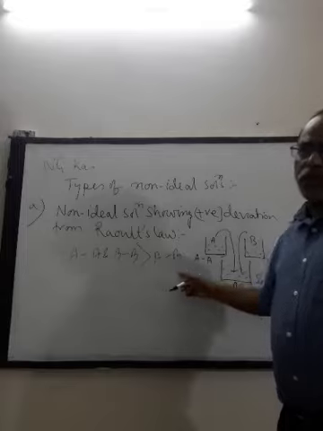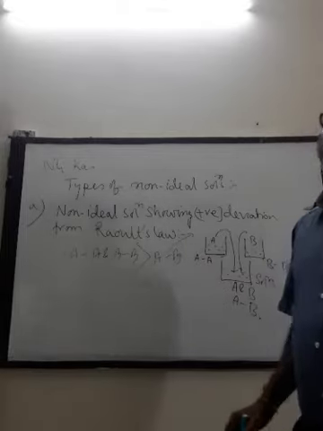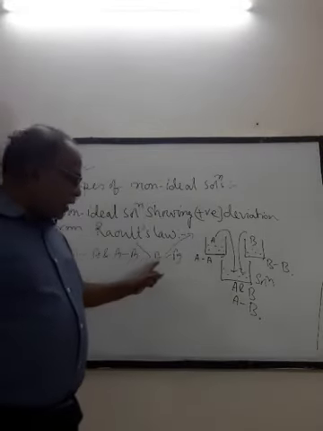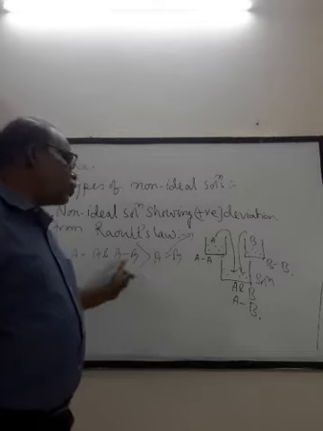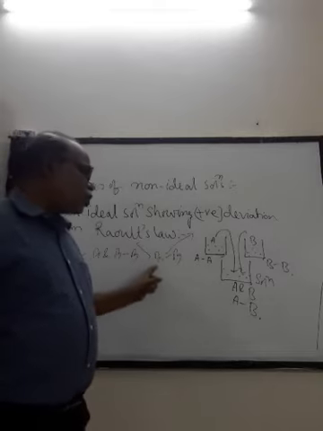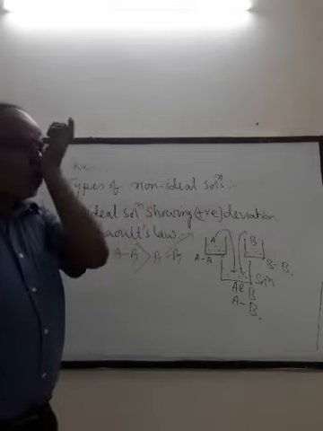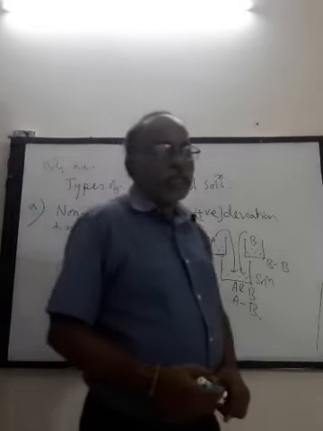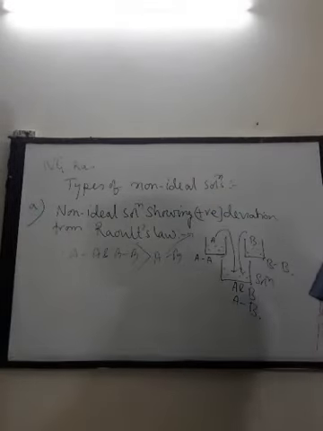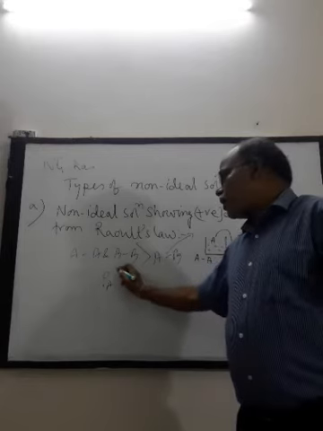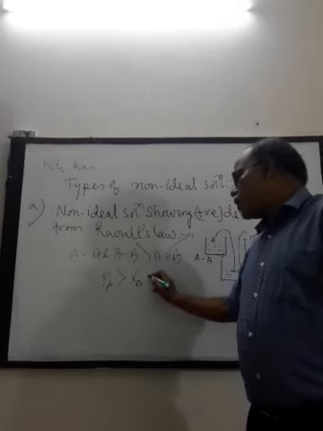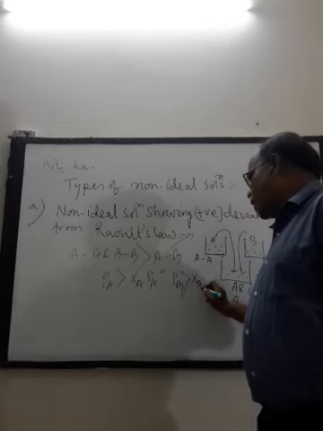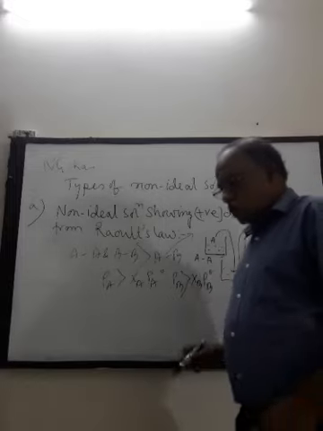So weak interaction after mixing means more tendency to get vaporized, because interaction after mixing is weaker than interaction before mixing. If interaction is weaker, then more tendency to escape out from the solution. So vapor pressure higher than value expected from Raoult's law. That is, PA greater than XA PA naught and PB greater than XB PB naught.